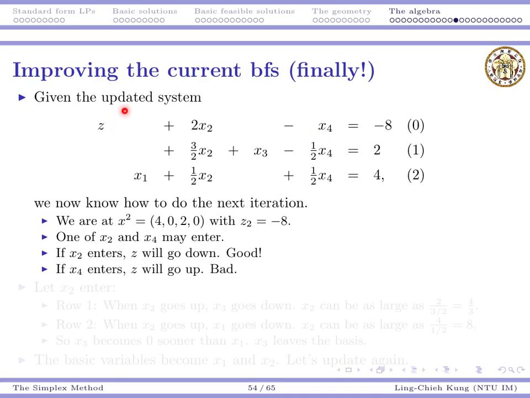Why can I be sure about this? It's because there is nothing related to the basic variables. Remind yourself that when you change the value of the non-basic variables, typically you need to also change basic variables, right? To satisfy these equality constraints.